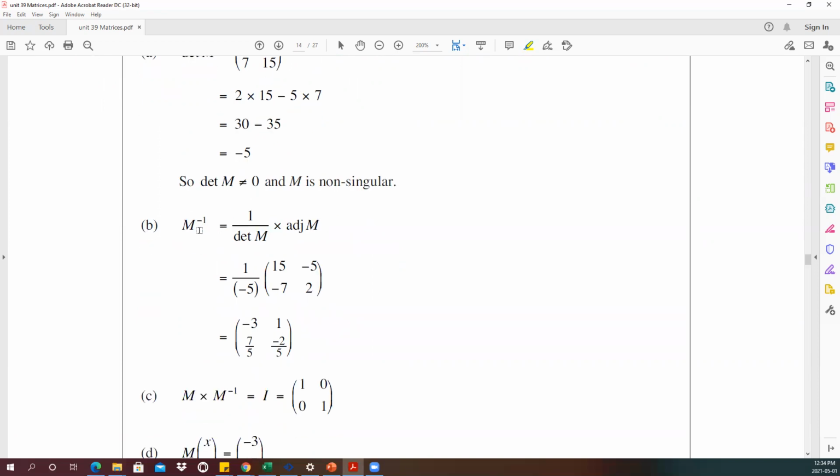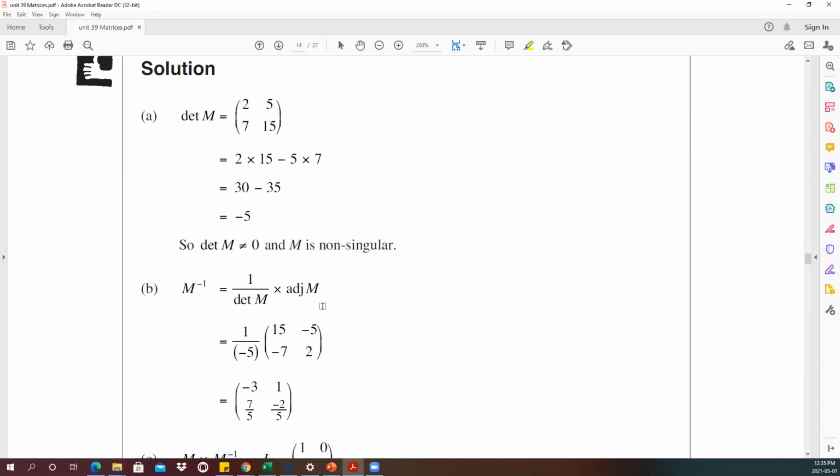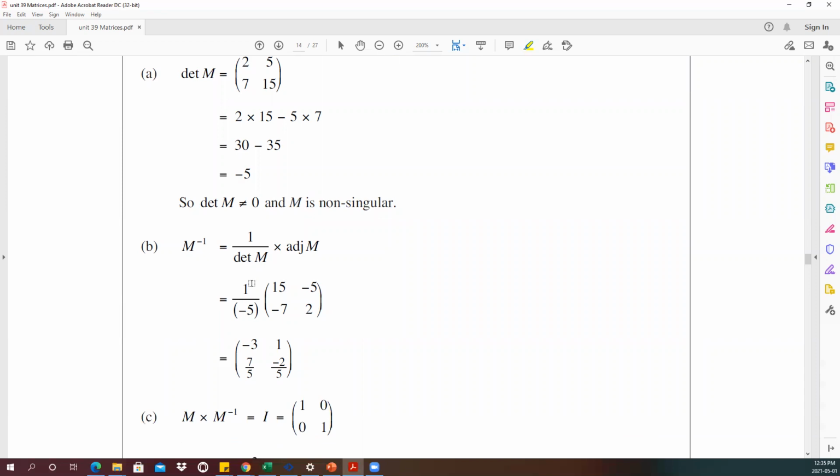Now you find the inverse, which is 1 over the determinant times the adjoint of m. The adjoint of m is where you switch places of the top left and bottom right elements, 15 and 2, and then put minus signs on the other diagonal, the top right and bottom left, and multiply by 1 over the determinant. And that is the inverse.